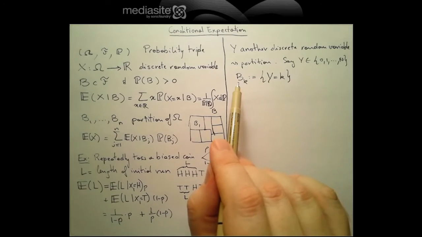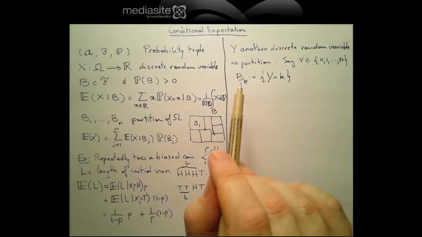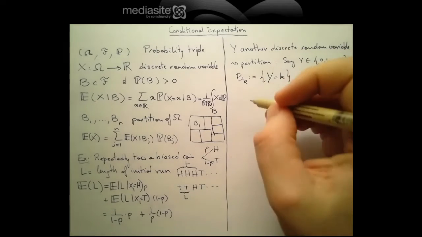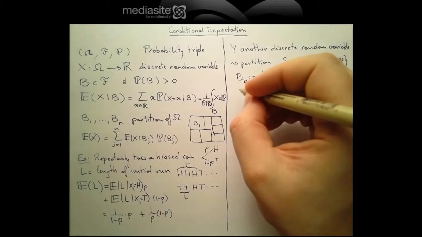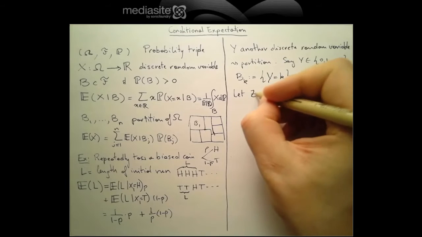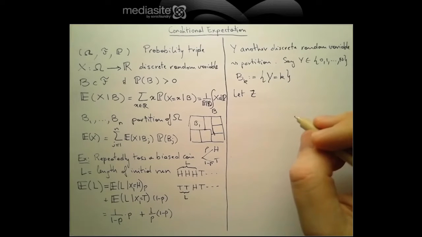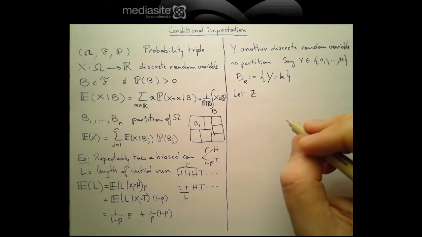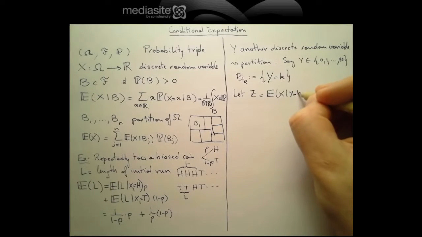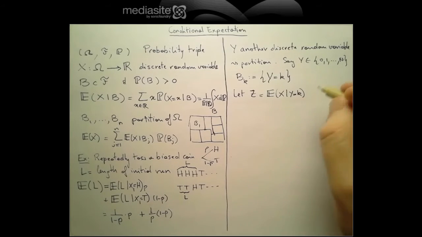So it's a partition, and this allows us to condition our original random variable X on Y by conditioning on this partition. And in fact, we do something a little strange. We get a third random variable, so you're going to let Z be a new random variable, which is going to equal the conditional expectation of X on the tile Y equal k whenever you are on that tile, so on Y equal k.